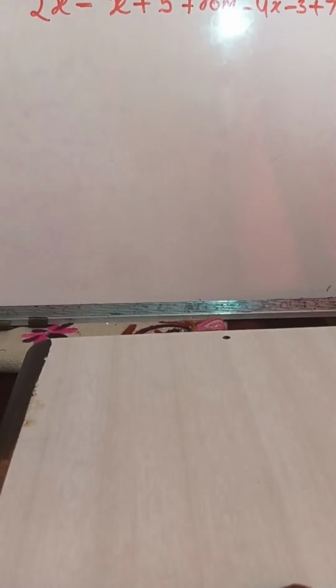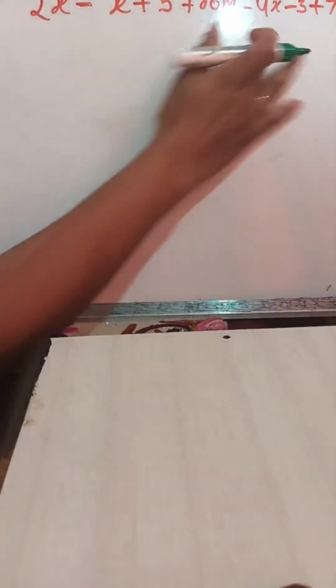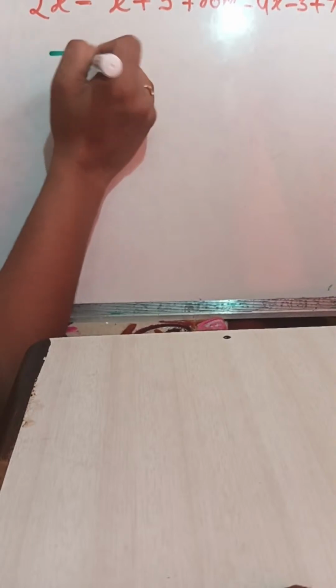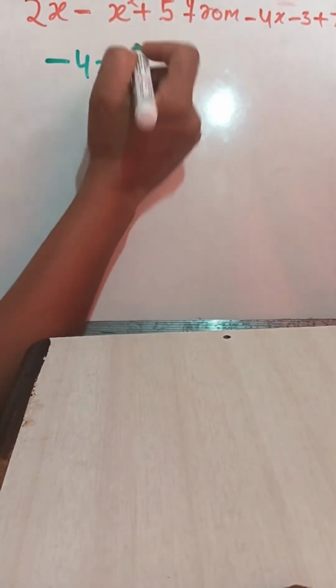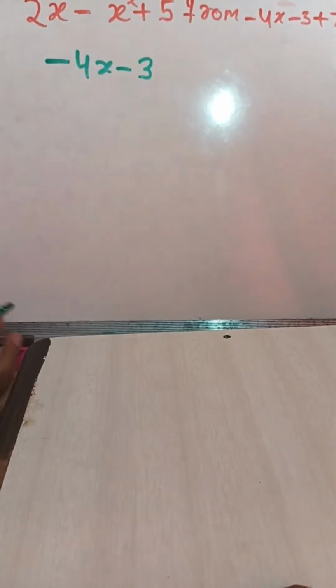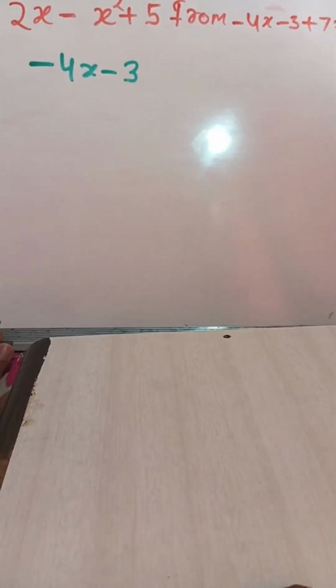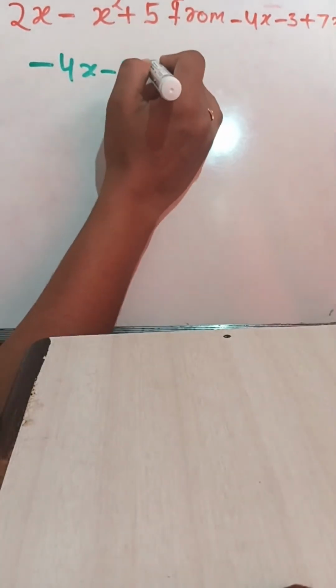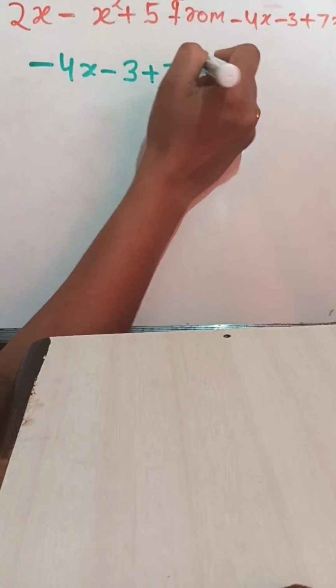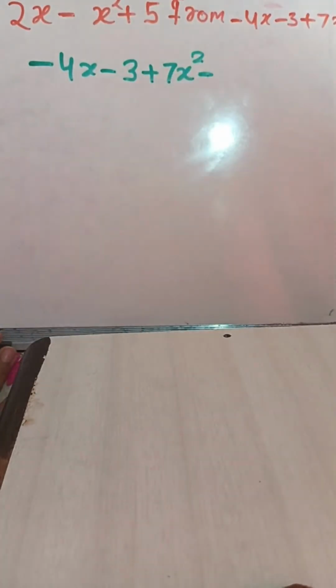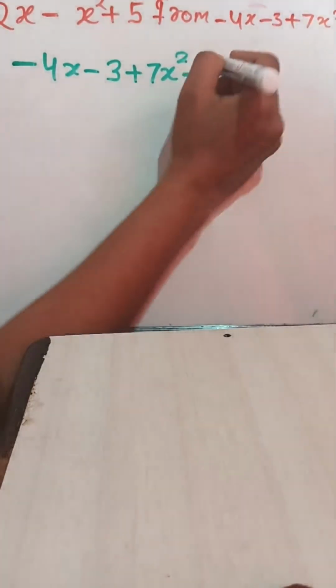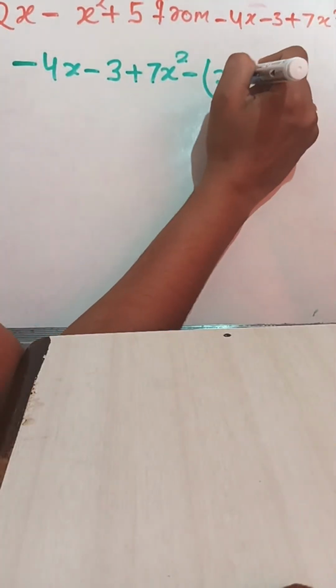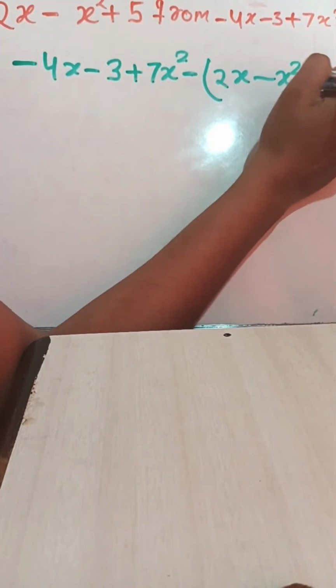Let's start our question solution. First what do we have? Minus 4x minus 3 plus 7x square. Just write down the minus sign here. Then we have 2x minus x square plus 5.